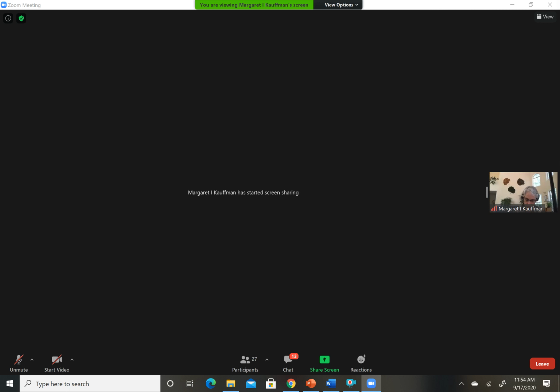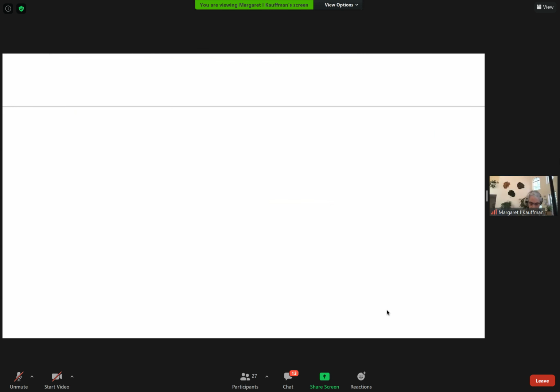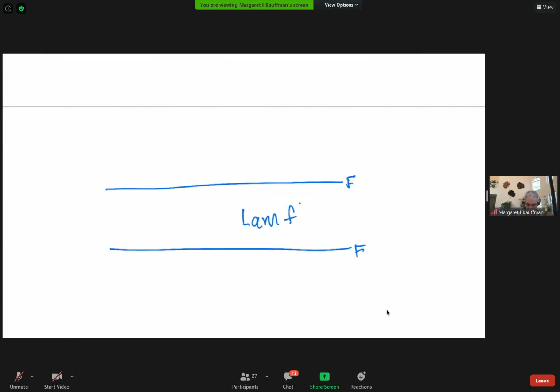Maybe a picture instead of my arms moving will help. Let's say your vessel looks like that normally, and you have friction along the edges and laminar flow in the middle. And then I suddenly put a big piece of plaque on the edge.